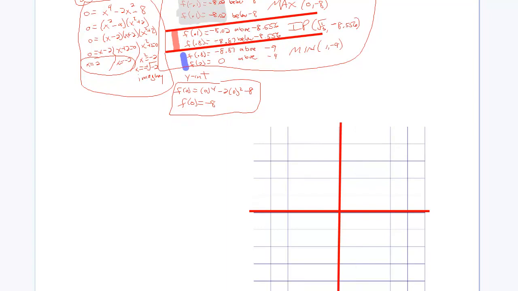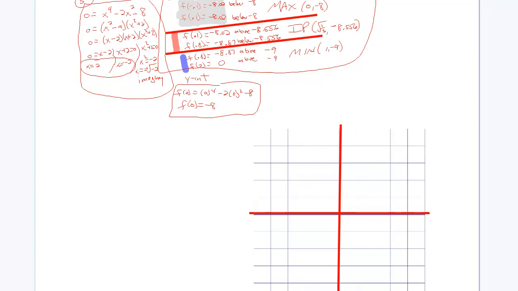Alright, so let's see. We have a minimum at negative 1, negative 9. So let's say that's here. We have a maximum, or another minimum, at 1, negative 9.